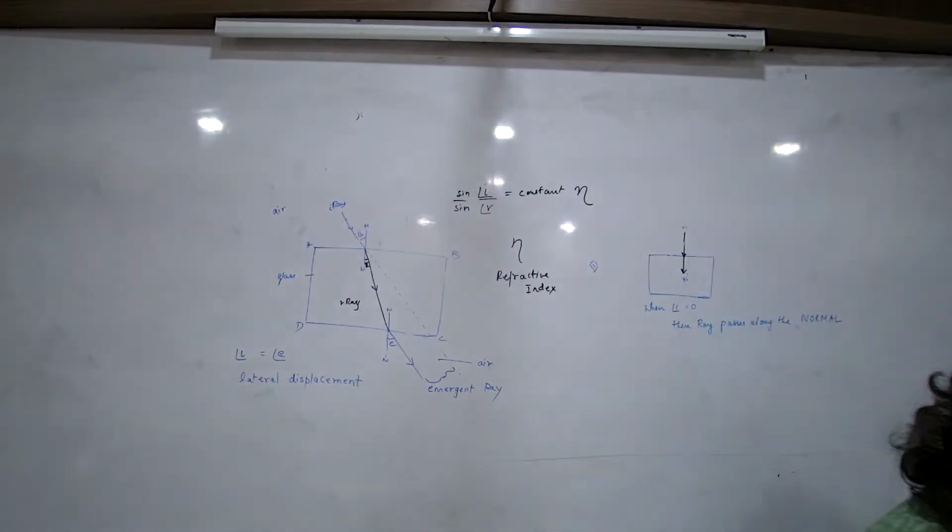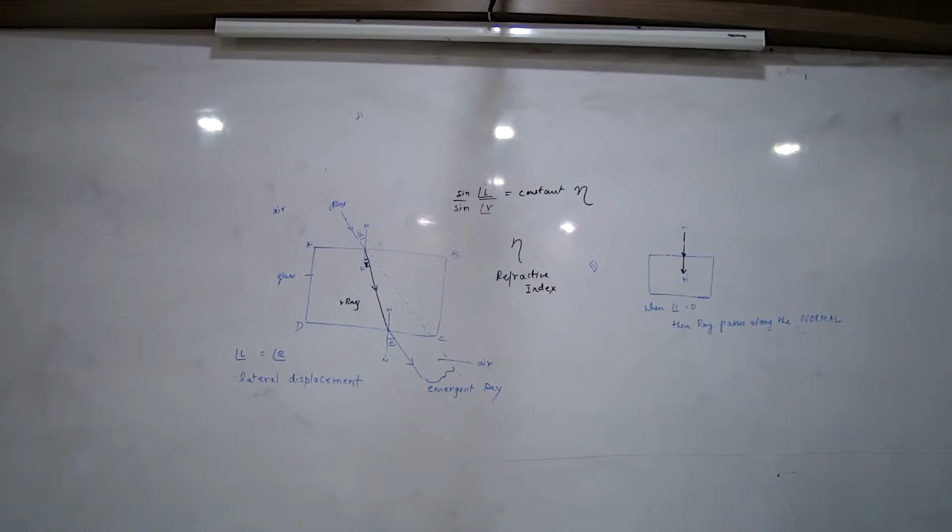So if you look at the table here, table 9.3 in your textbook, material medium, air, ice, water, and refractive index they have given. There are two columns.